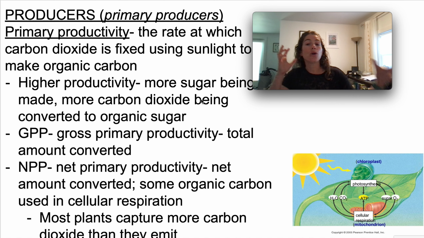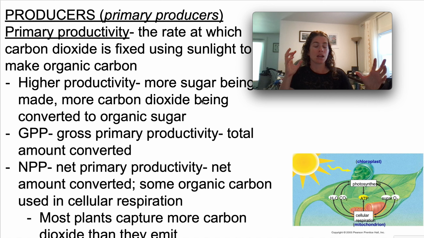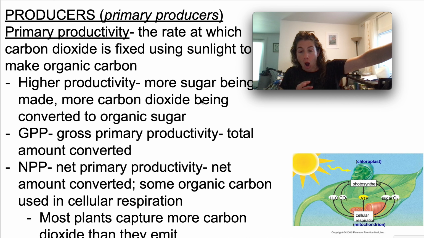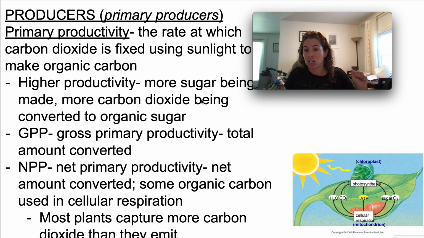So there are two big conversions that are happening in a plant, in a photosynthesizer. Photosynthesis is one of them, right? Converting atmospheric carbon dioxide into glucose, and then cellular respiration, taking that glucose and using it to make energy, ATP. When you do that, you lose carbon dioxide. It's a waste product.